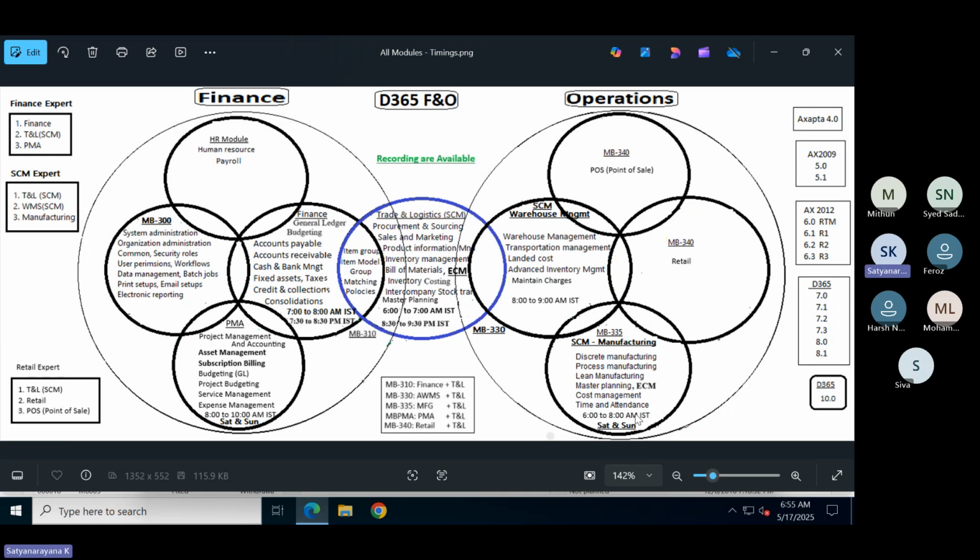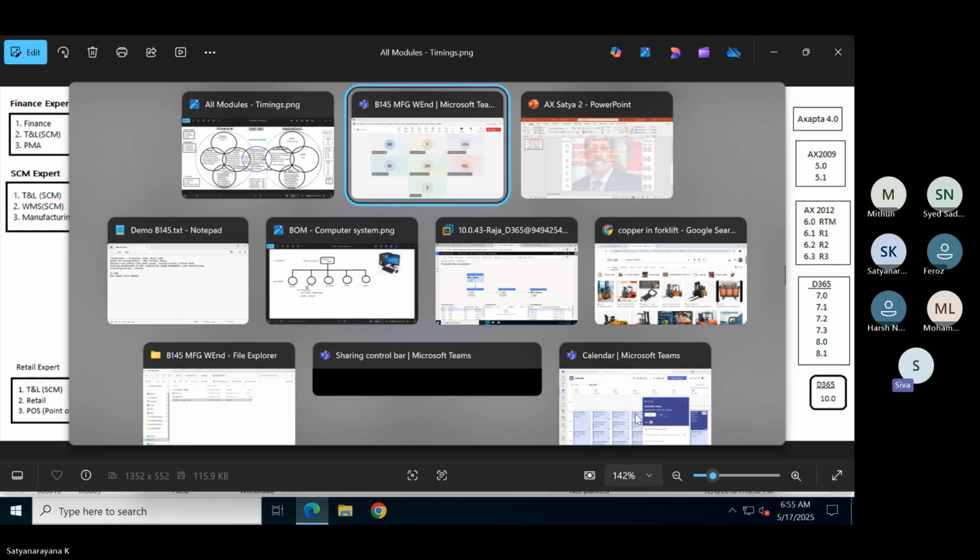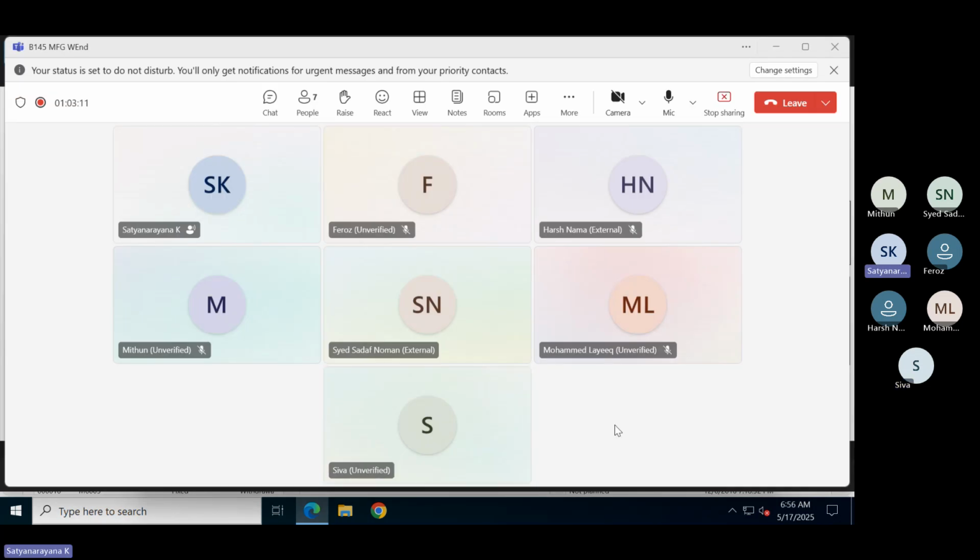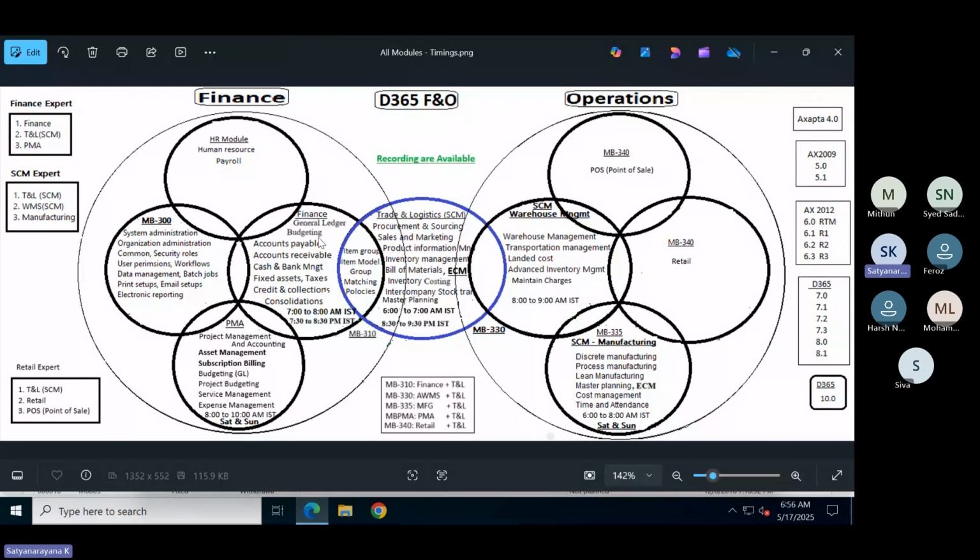Got my point? Clear? Yes, sir. Got it. Yeah. Very rare. I told you 60% finance, 35% these two, 5% this. Maybe I don't know the market; retail is also there. I'm not allocating that, I'm only looking at these 5 modules, because I'm an expert in these 5 modules only, not retail.